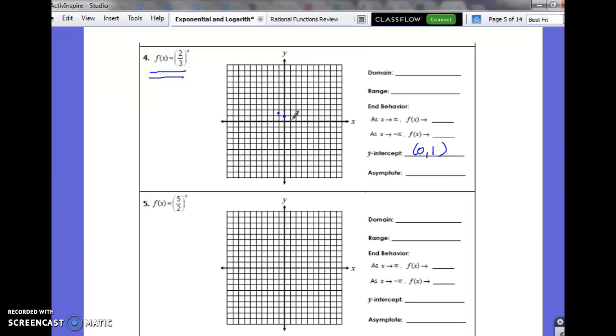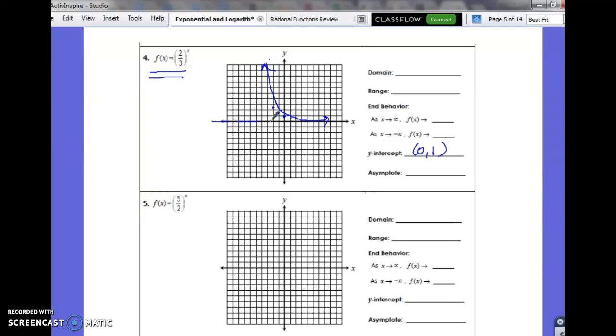Is there another one like on the side? Okay. And then maybe 1.6 repeating. Okay. So essentially the same shape, but points are just a little bit different.